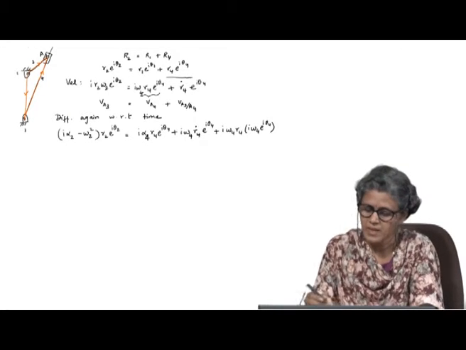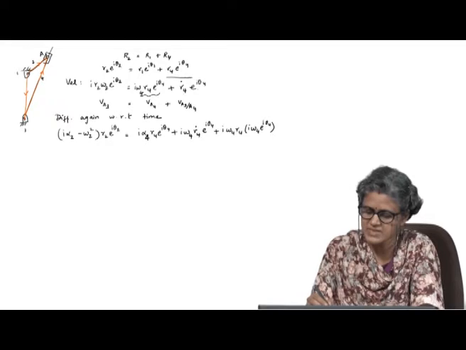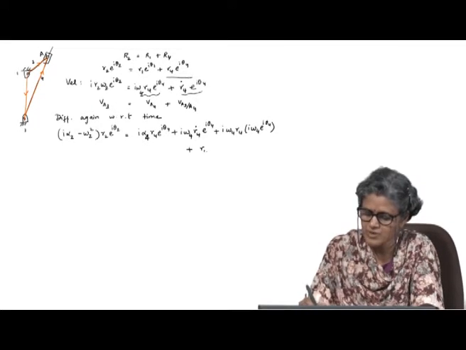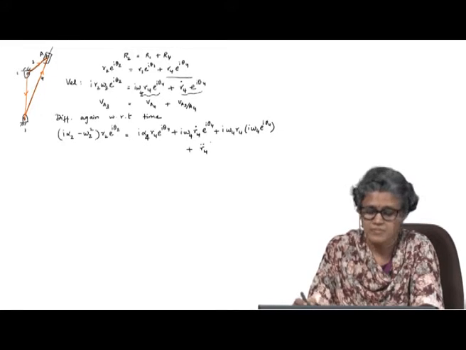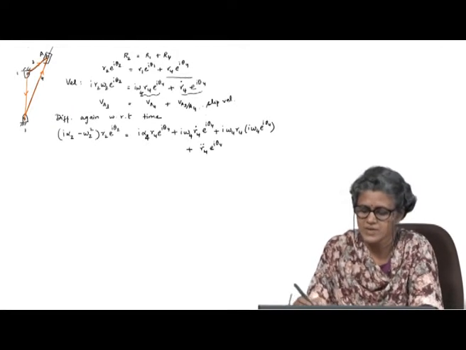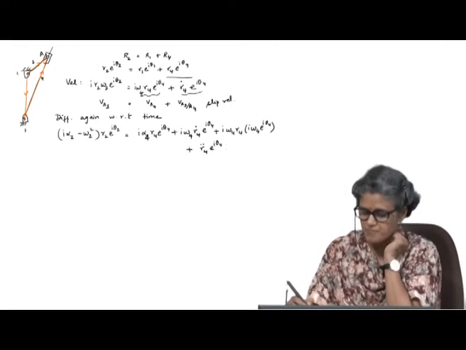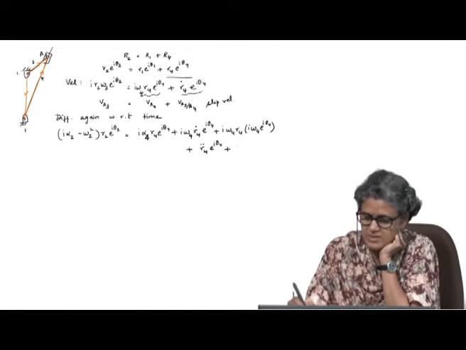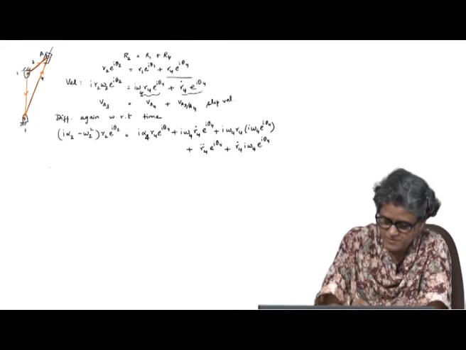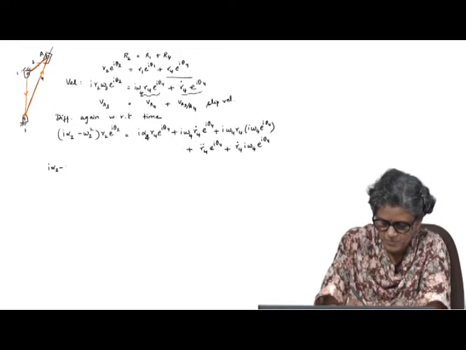Now, from differentiating the second term, I get R4 double dot e power i theta 4. So, this was the slip velocity, if you remember; this is the slip acceleration, plus R4 dot i omega 4 e power i theta 4. This is i alpha 2.